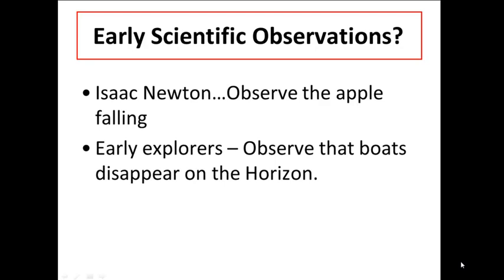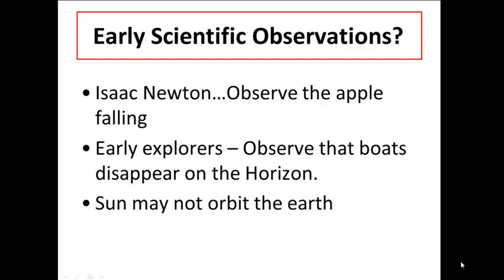Some early explorers said, oh my gosh, these boats, when they go over the horizon, they're disappearing. Once again, you're going to notice that I started this off with, they observed that the boats disappear. So you see two things here, observing the apple, observing the boats. We're making observations, and we're trying to ask questions about these observations.